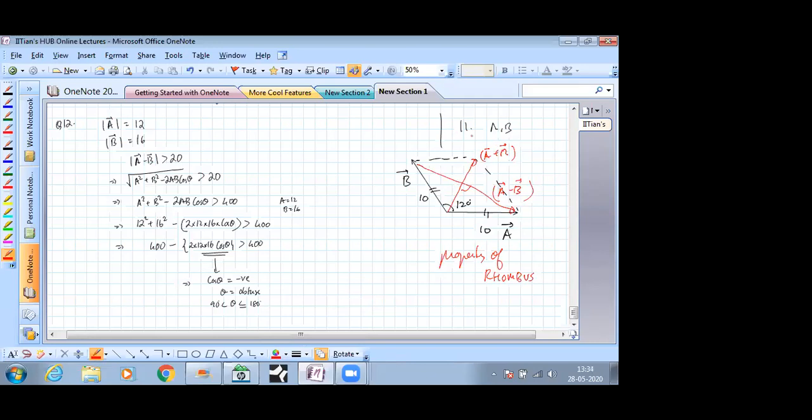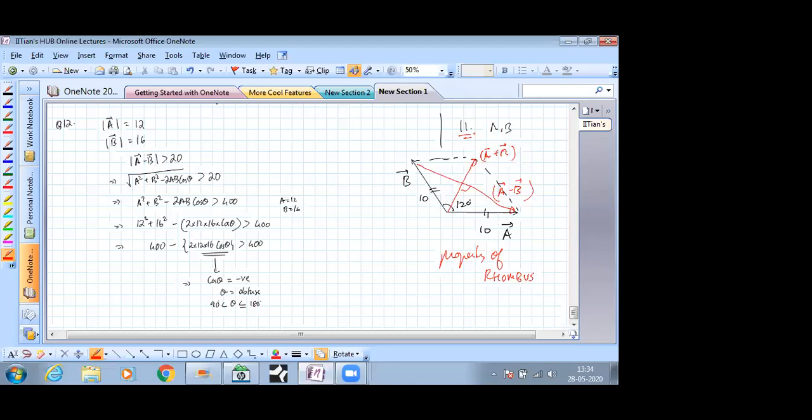You can use that as a property of the rhombus for question 11. Or you can use component algebra. No, option C will not be correct. Option C is only correct when theta is 90 degrees and theta is given as 120 degrees.